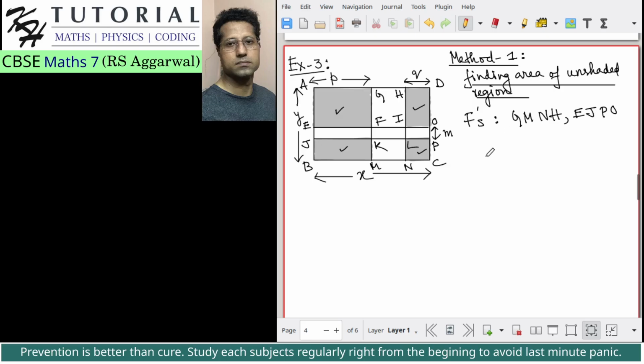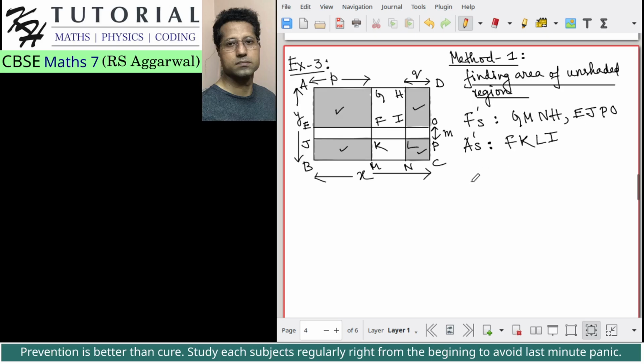Okay, clearly these two rectangles have an overlapping rectangle. So the overlapping region is the rectangle FKLI.